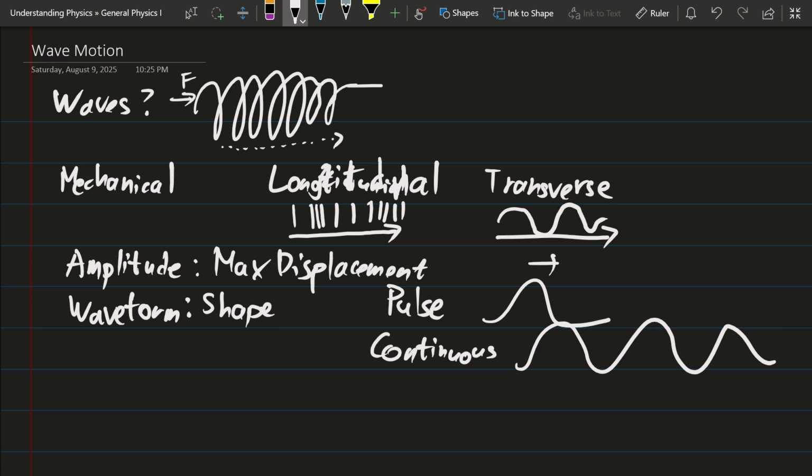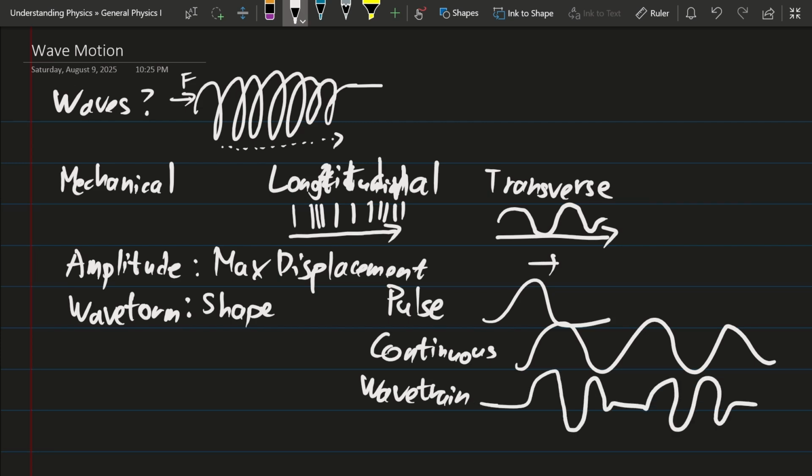And then there is something which we call a wave train. So what is a wave train? You could state it is something like this. You could see that there is this one wave train and then there's this other wave train. It is the intermediate form between the pulse and the continuous wave.